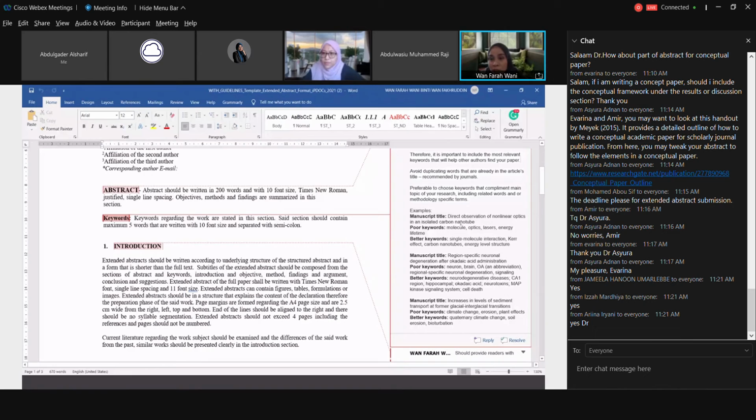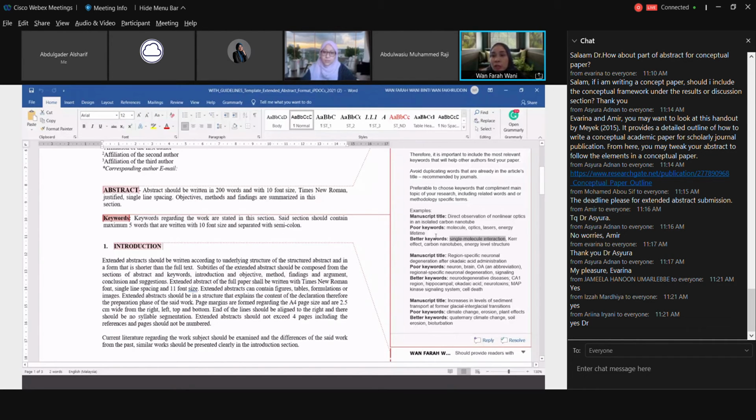I don't know what that means, but for poor keywords, you don't just take one word, because it doesn't help much. Better keywords would be a specific methodology that you use, for example, single molecule interaction. So when people try to Google things, like how you Google things, these are better keywords.